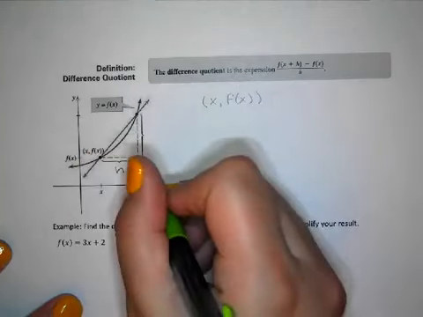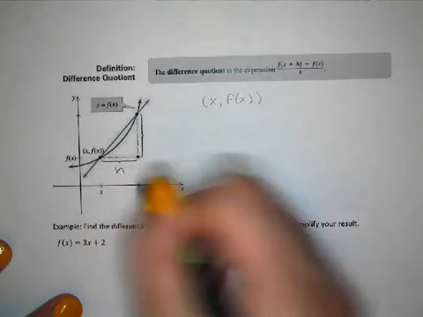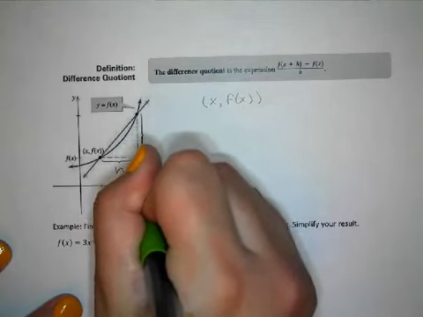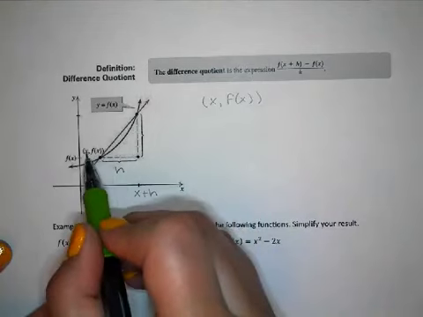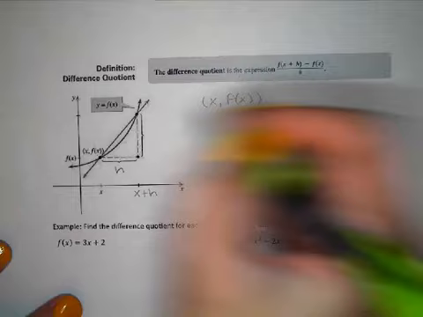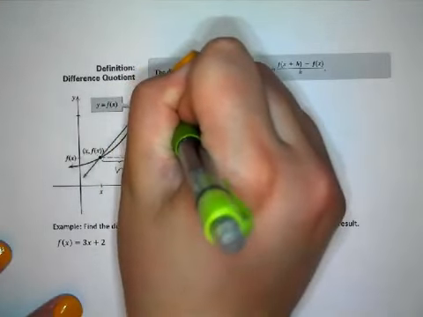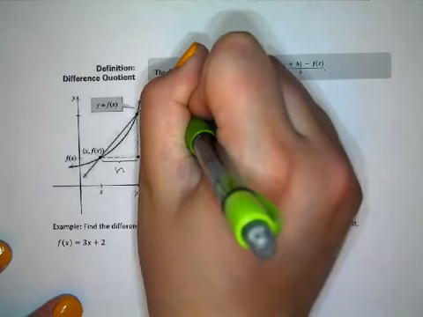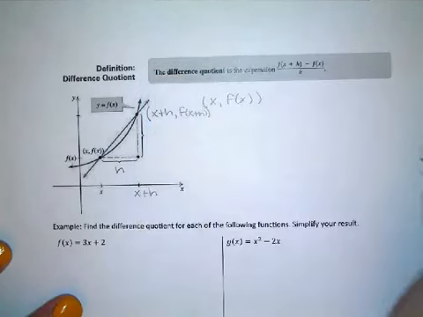And so if this is x, and this is a distance of h, then this x value would be x plus h. So this point is x for the x coordinate, f of x for the y coordinate. This other point would be x plus h for the x coordinate, and f of x plus h for the y coordinate.